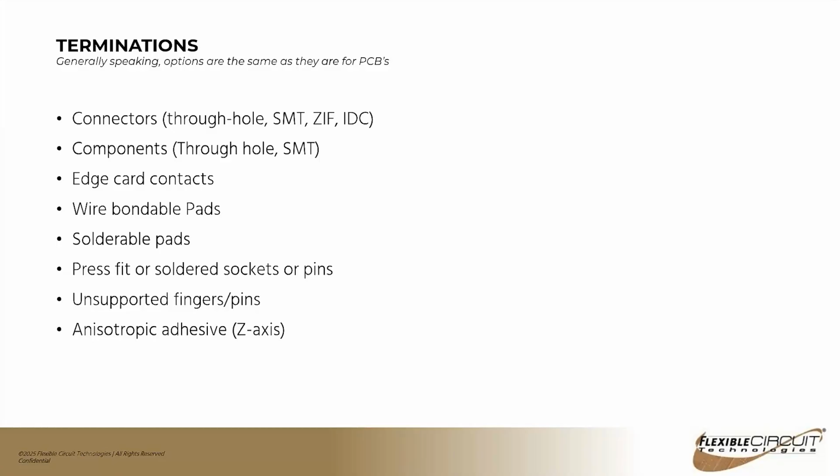Edge card contacts, which is basically just a thick ZIF traditionally used in PCBs. Wire bondable pads, solderable pads, press fit or soldered sockets and pins, and these can be male or female. Unsupported fingers and pins, these could either be sculpted or added after the fact. And then lastly, anisotropic adhesive or Z-axis adhesive products.